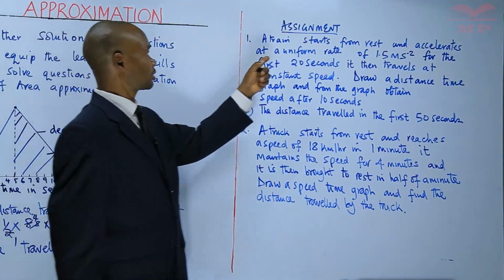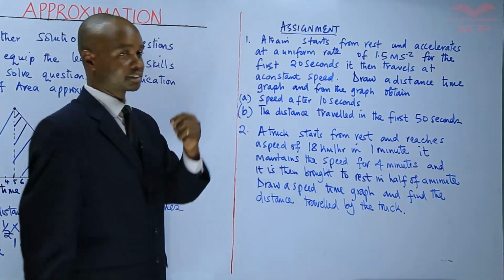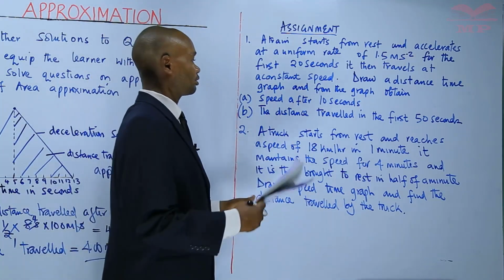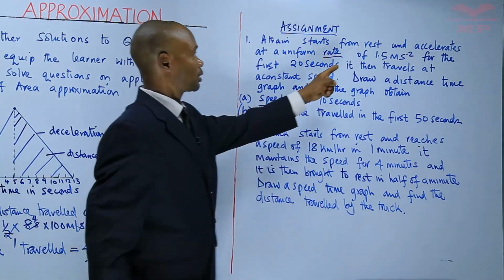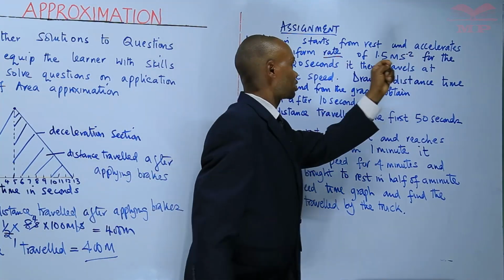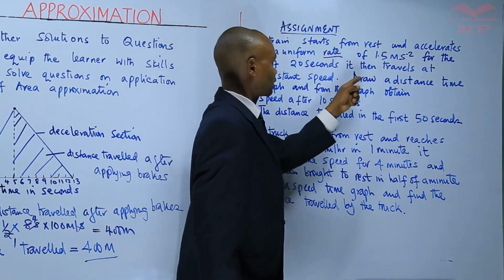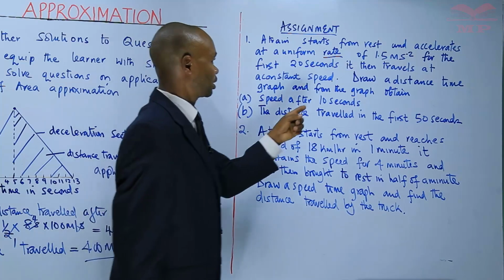We start with the first one. A train starts from rest and accelerates at a uniform rate, which is the same as acceleration, of 1.5 meters per second squared for the first 20 seconds. It then travels at a constant speed.